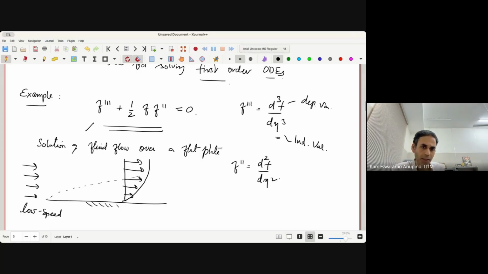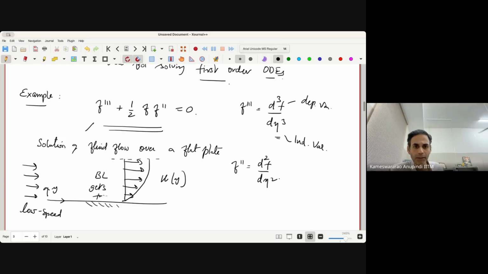There is a boundary layer that gets formed, and let us say this is the boundary layer height. The velocity profile will look something like this, where u is the x velocity, written as a function of y.